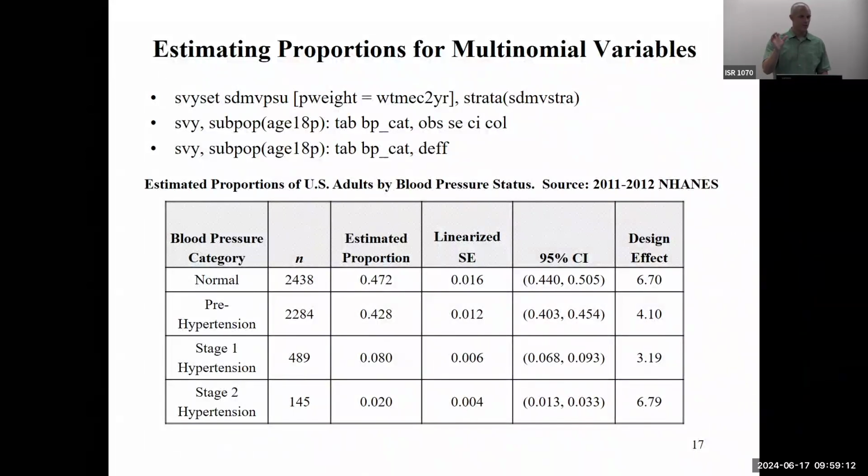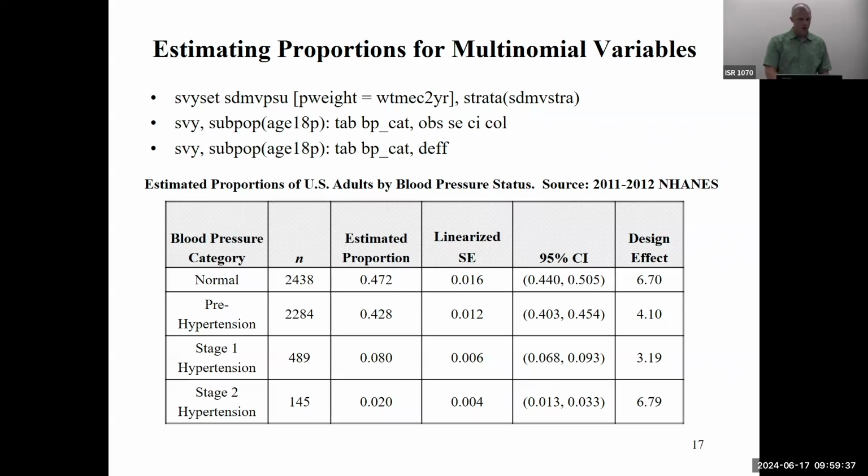Remember, that design effect is going to be a function of the average sample size per cluster and that rho quantity. In this case, for stage 2 hypertension, rho is very large, a very tightly clustered feature in the US. All these design effects are fairly large, but we see relatively narrow logit intervals regardless. We still have pretty good estimates of each of these proportions.